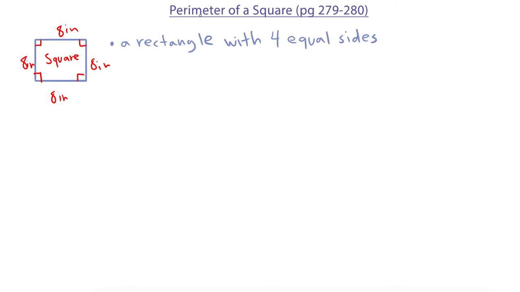And perimeter, in our last lesson, we learned about what a perimeter is. Let me write it here. So perimeter is the distance around the polygon.